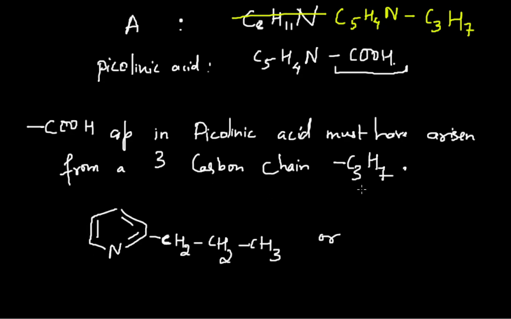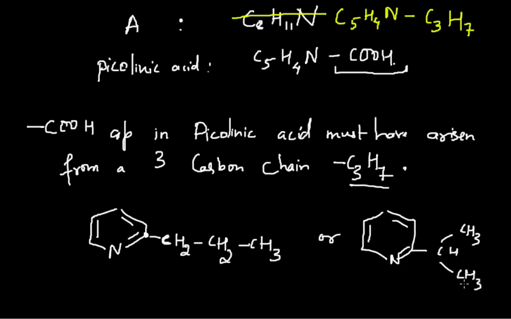Now, this C3H7 could be either of these two, and since it is picolinic acid, the side group is substituted at the second position only. It is CH, CH3, CH3. So either of these two structures of A.